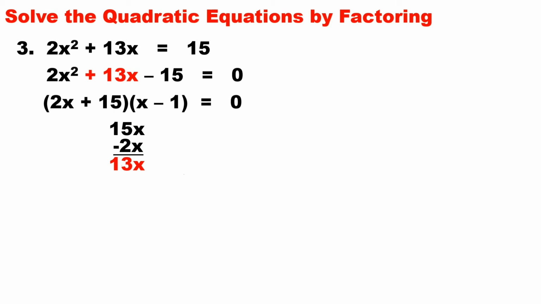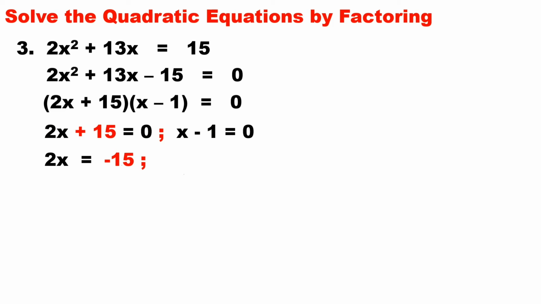Since 13x matches the middle term, therefore the factor combinations quantity 2x plus 15 and quantity x minus 1 are now correct. Applying the zero product property, we have 2x plus 15 equals 0 and x minus 1 equals 0. Transpose positive 15 from the left to negative 15 on the right.